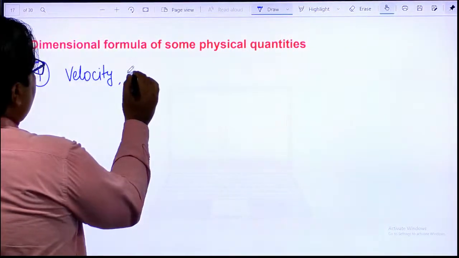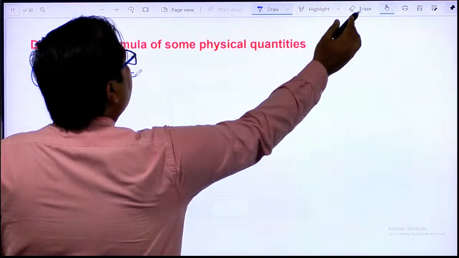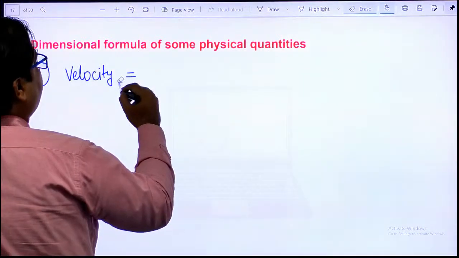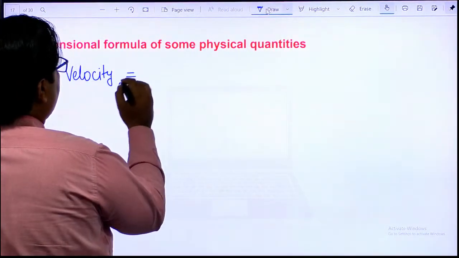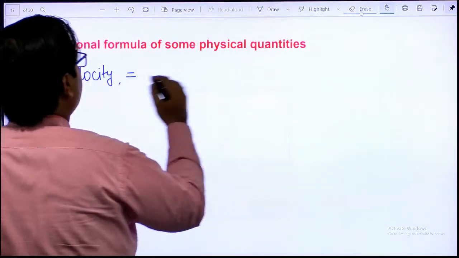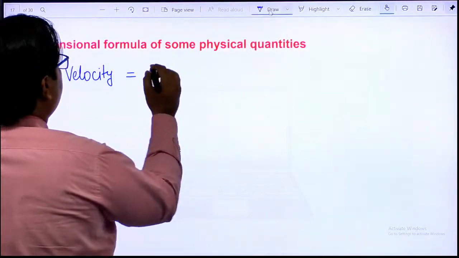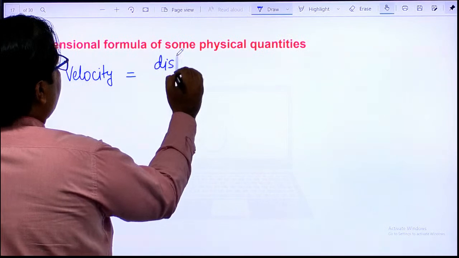Velocity is written as displacement by time.